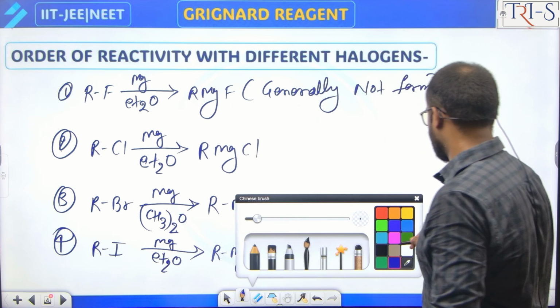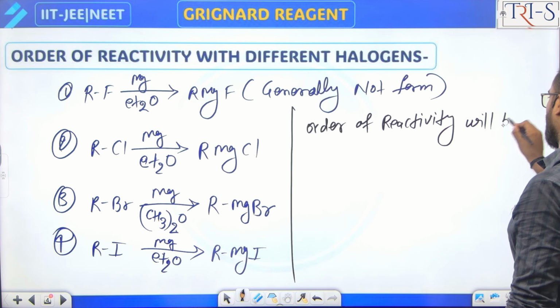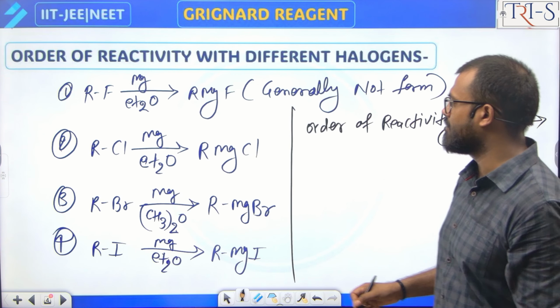So the order of reactivity will be RI greater than RBr, greater than RCl, greater than RF, and generally RF will not give the Grignard reagent, because the R-F bond is much stronger, where R is any carbon-related compound, alkyl, aryl, anything.